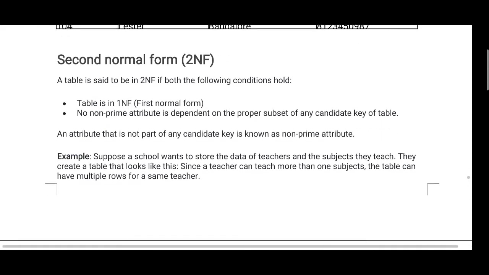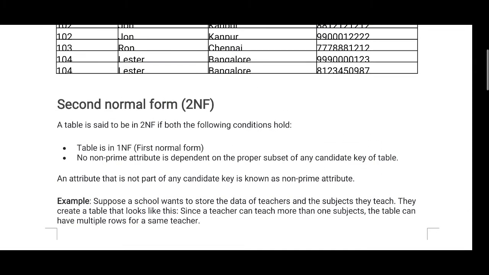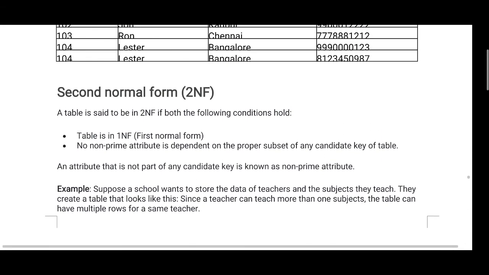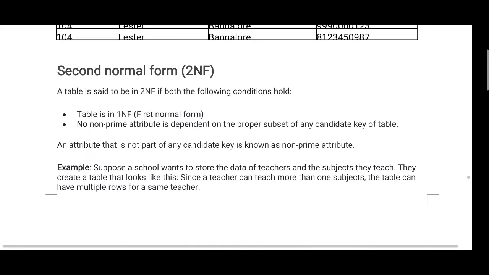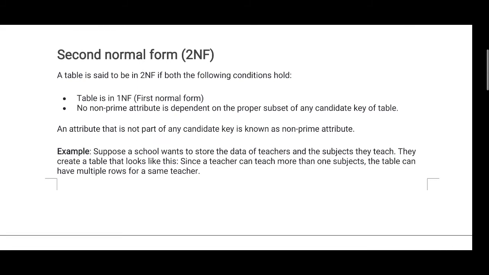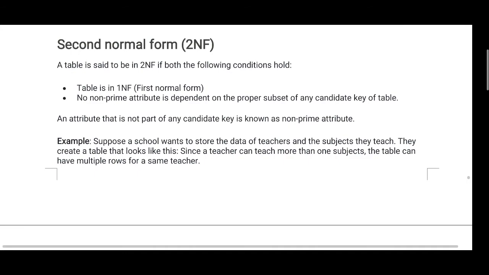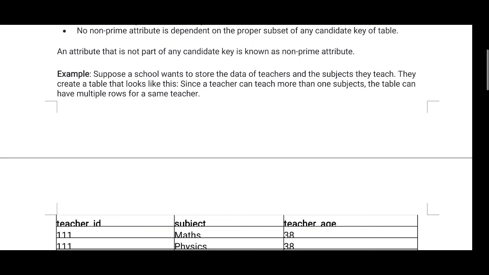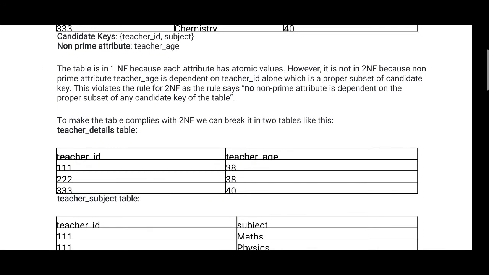The second normal form condition: satisfy first normal form conditions, or the table is in the first normal form, and no non-prime attributes depend on a proper subset of any candidate key in the table.